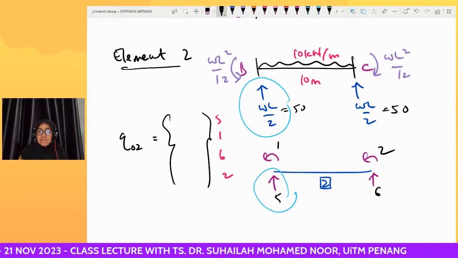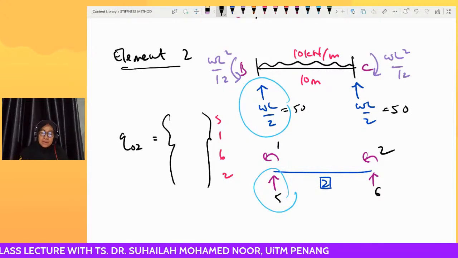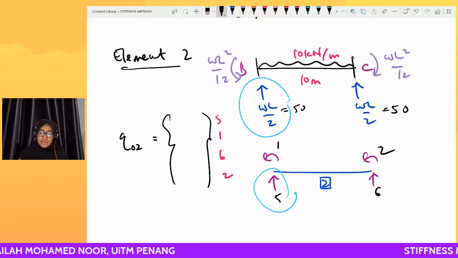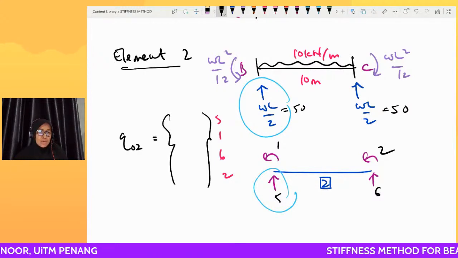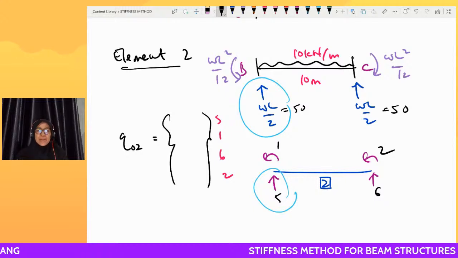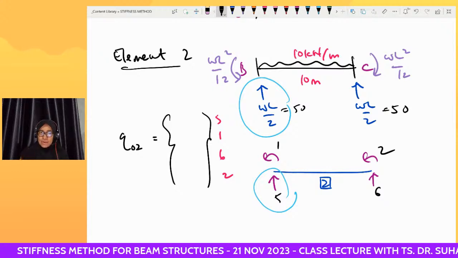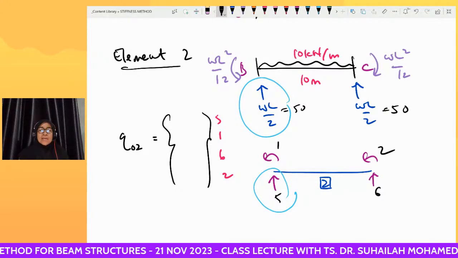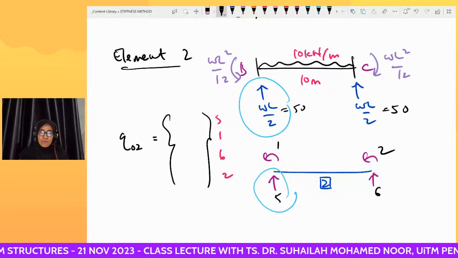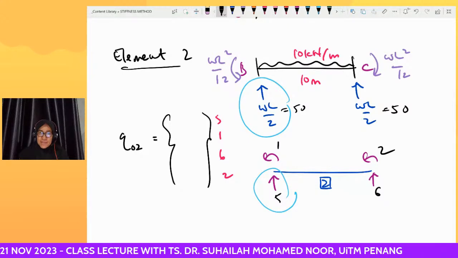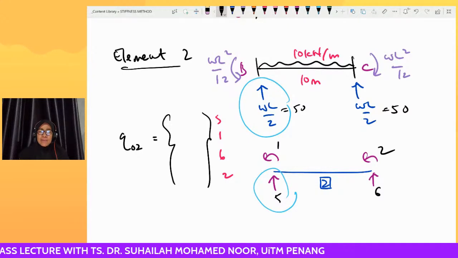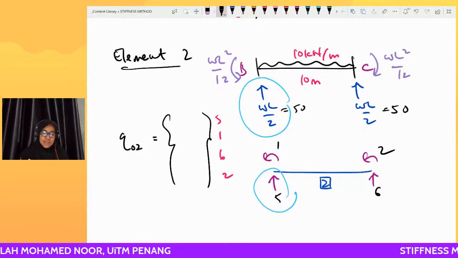At position 5, the value is equal to WL over 2. These two are in the same direction, and same direction means it is positive. So it is 50.